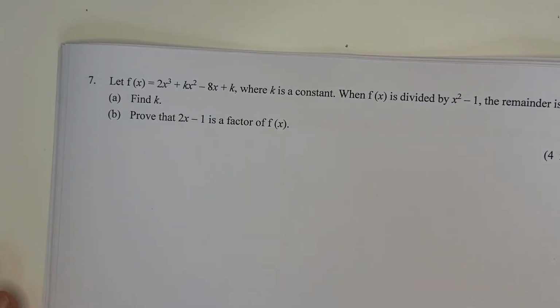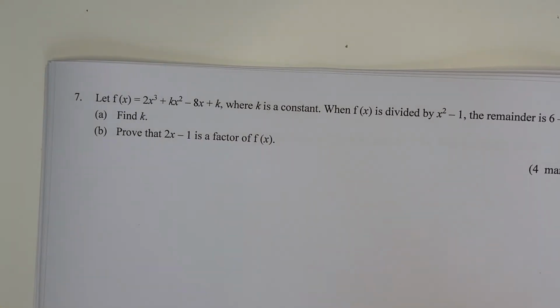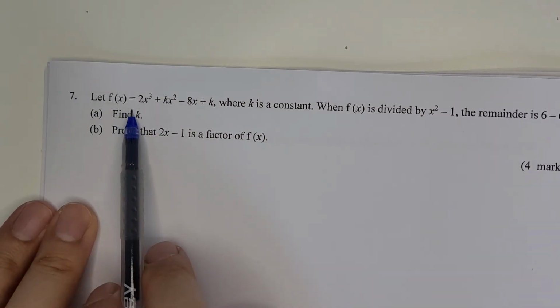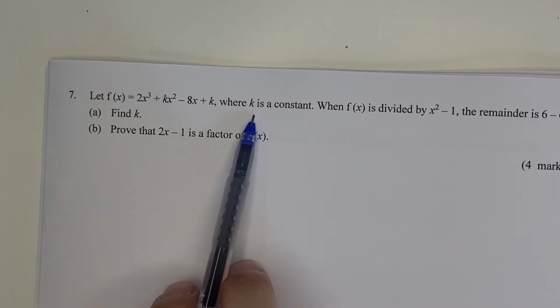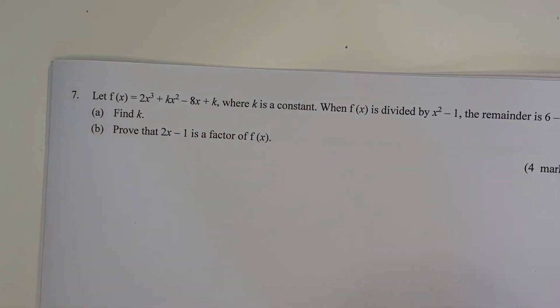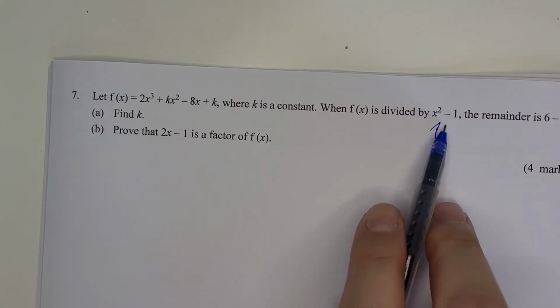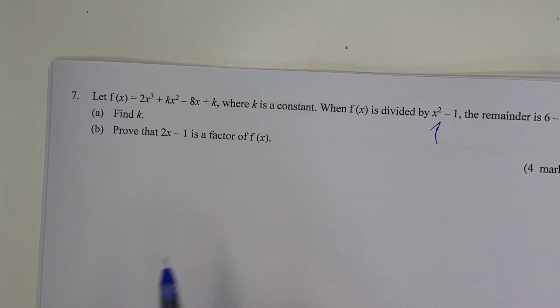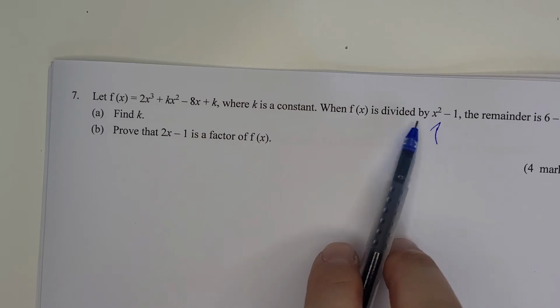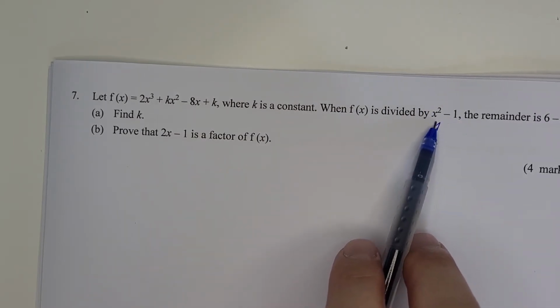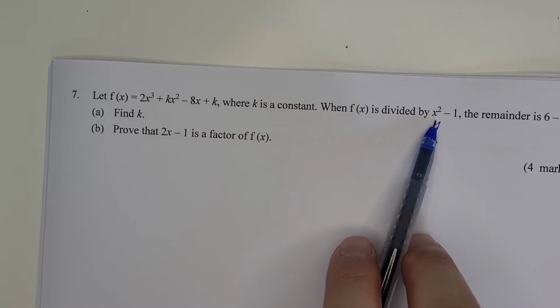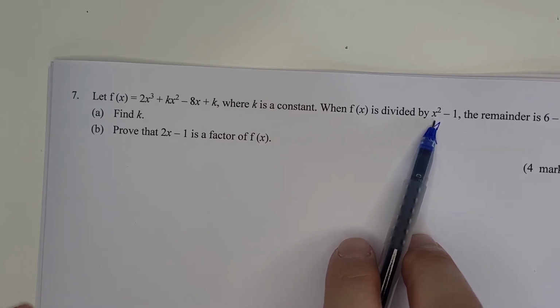And go to question number 7. There's the problem about more about polynomial. So let f(x) be this cubic polynomial and k is a constant. When f(x) is divided by this one, we call it a quadratic expression because it's degree 2. Okay, so when the divisor is a quadratic expression, you cannot apply remainder theorem.